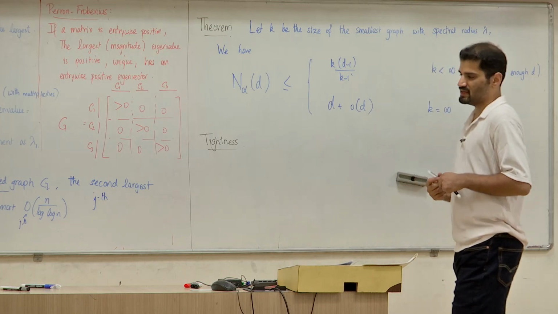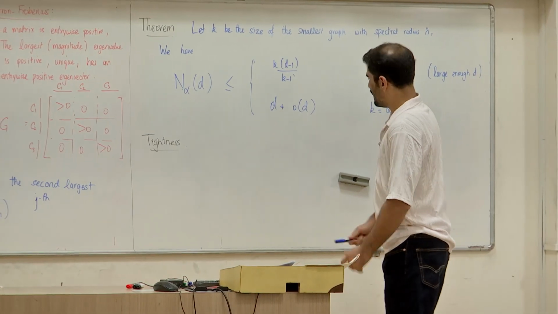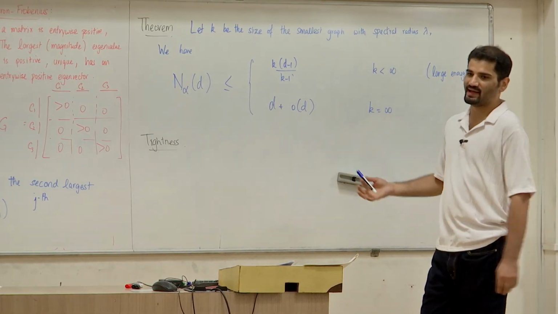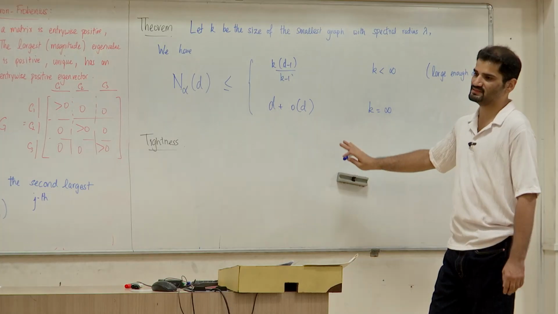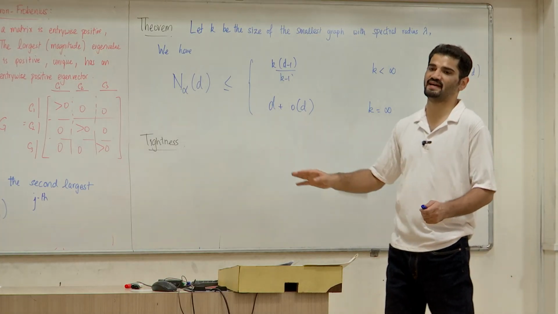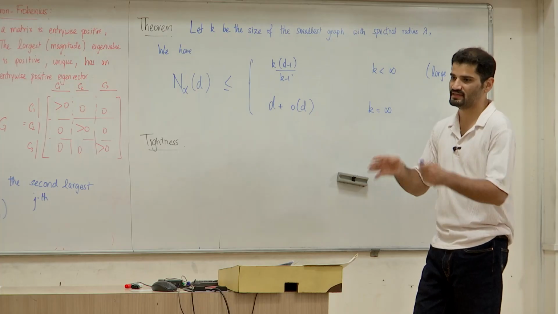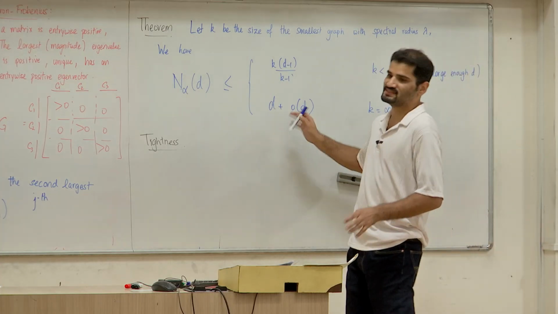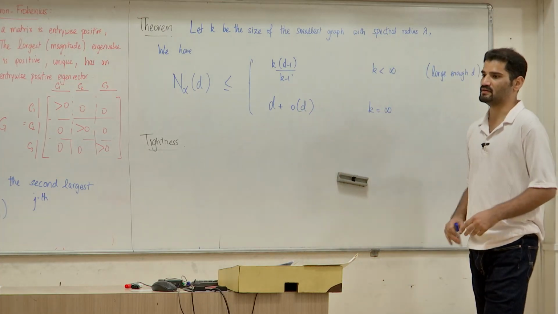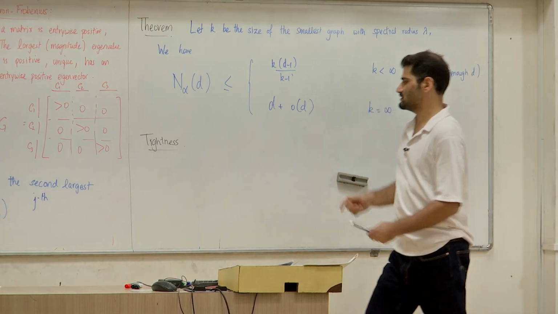Tightness. So let us see. This one, I already kind of showed that it is tight. Even if you don't care about the signs, even if you have vectors and not lines, I gave you d. So this one is tight up to the o of d term. This one is also tight.